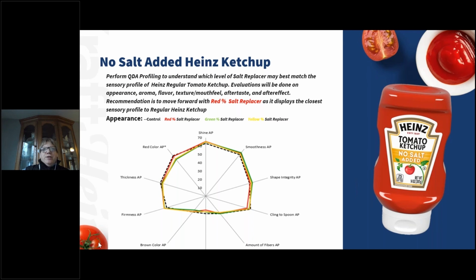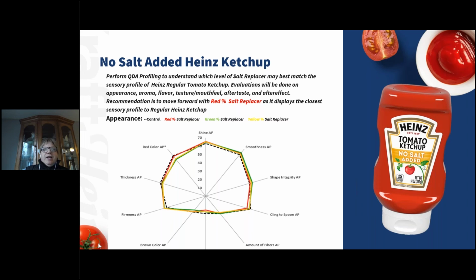We perform QDA profiling to understand which level of salt replacer may best match the sensory profile of our Heinz regular tomato ketchup. Evaluations were done on appearance, aroma, flavor, texture, mouthfeel, and aftertaste. Our recommendation was to move forward with the percent salt replacer highlighted in red below, as it displays the closest sensory profile to regular Heinz tomato ketchup.